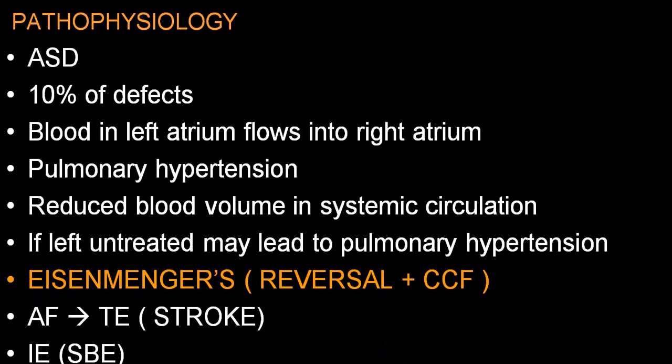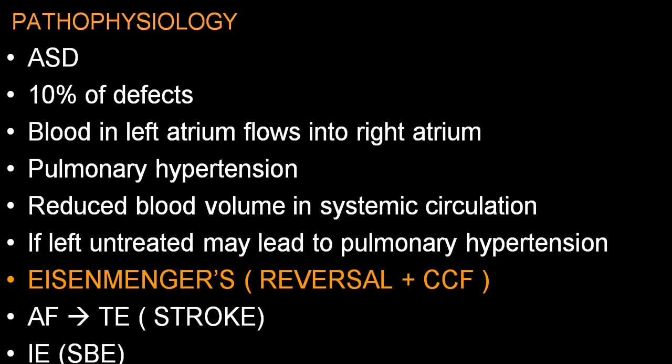But once Eisenmenger develops, there is a chance of what we call paradoxical embolization. Now there is a reversal of the shunt, so the thrombus will dislodge and form an embolus, and that embolus from the right atrium can easily enter into the left atrium and systemic circulation, producing systemic embolization.